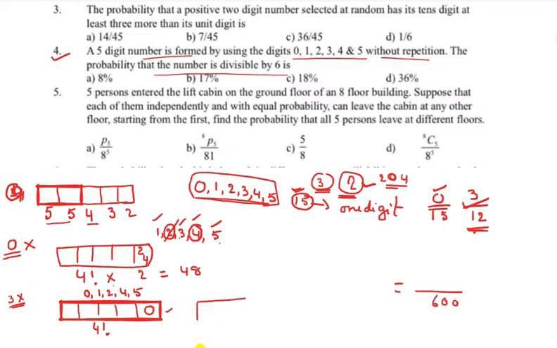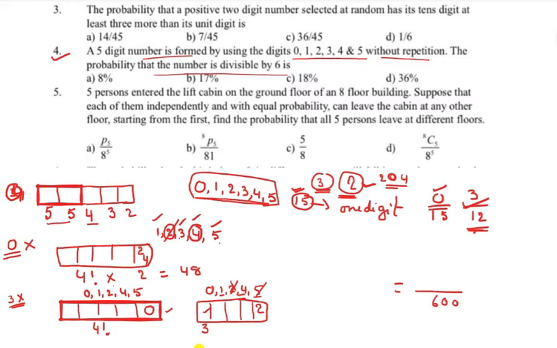Next possibility, suppose here I am filling 2. If I fill 2 there, then these are the digits we have: 0, 1, 2, 4, 5. 2 is filled in this units place. Now this place has only 3 options. Among these, one number is filled in this place.